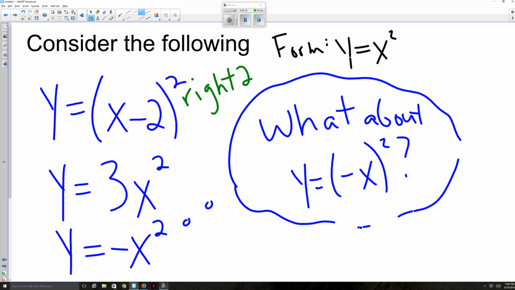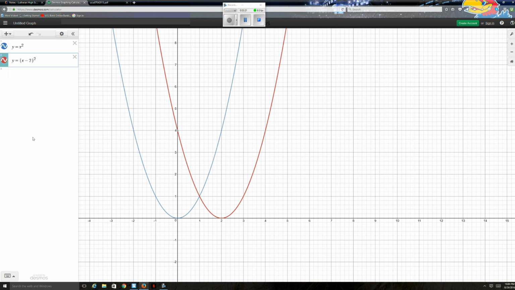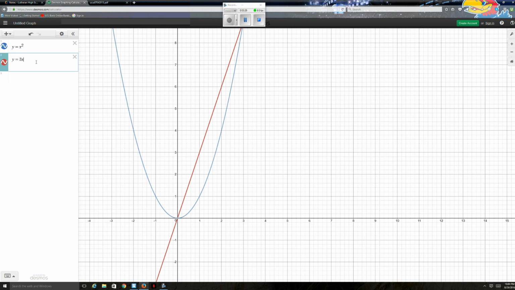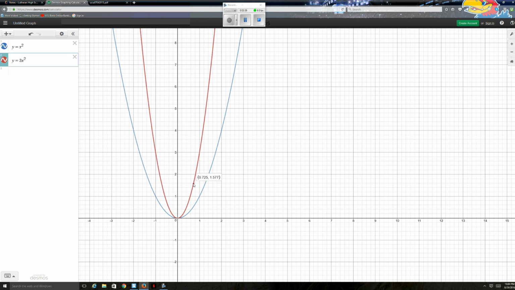Okay. So let's go back here. Let's change this one. This one may be a little bit harder to tell. But let's go 3x squared. Okay. Notice this one got a little skinnier. And I want to look at this point right here. This is 1, 1 right here. Well, when x is 1, we go to 3.